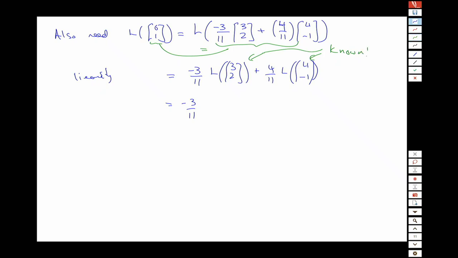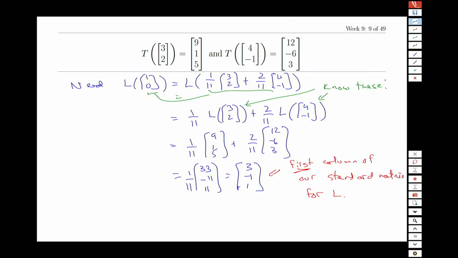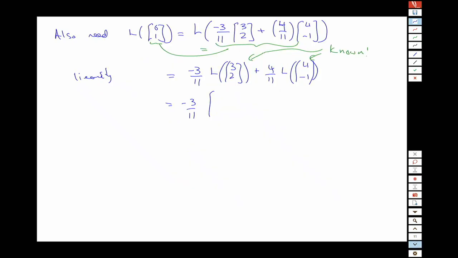And what did I say, 9, 1, 5? 9, 1, 5, 12, and 12, negative 6, 3. And if we do that, we get ourselves negative 27 plus 36. Oh, I'm going to use my crutch. Plus 36.